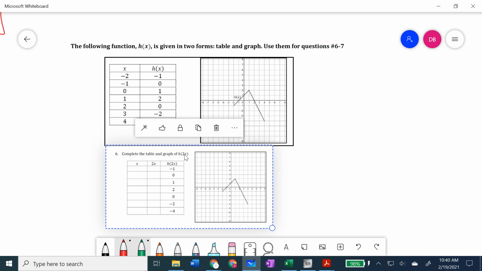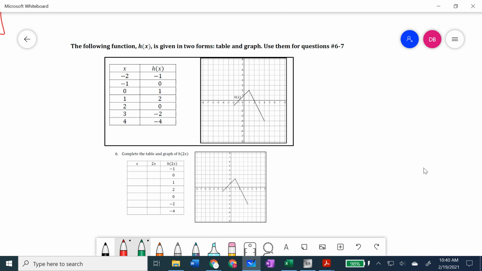You know what to do to a graph if the 2 is multiplied outside of the h. So let me show you what you do know already. If I told you 2 times h of x with the 2 multiplied outside, you stretch the graph 2 units. All the y values are multiplied by 2.